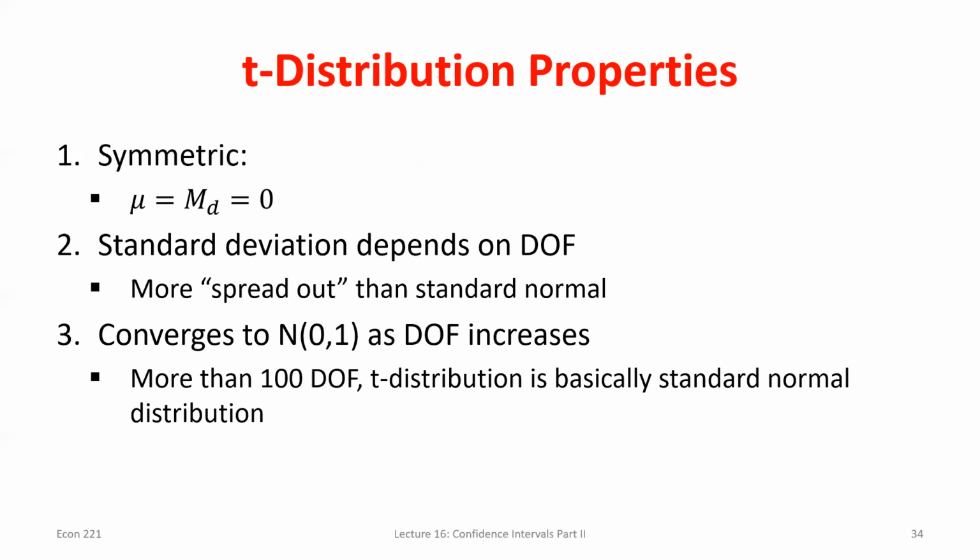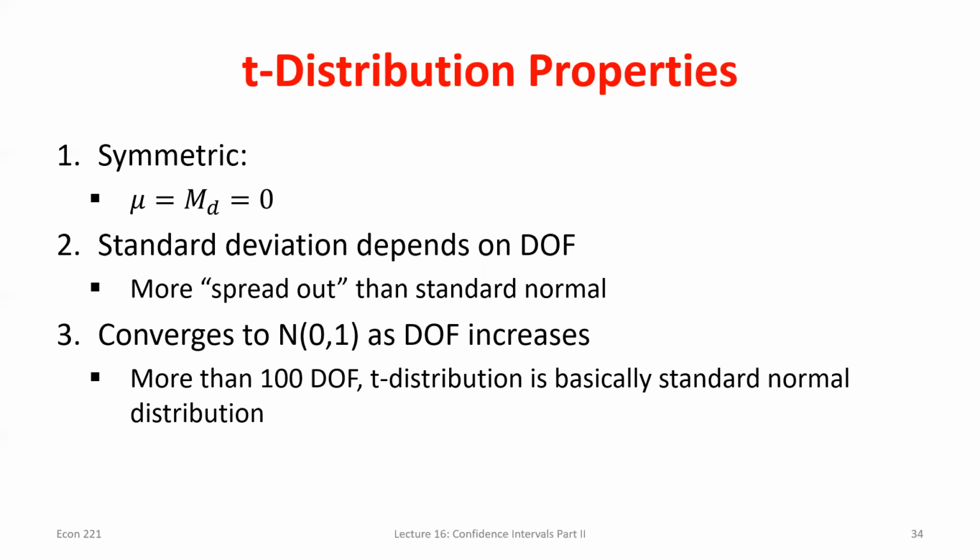Now, as that sample size gets higher and higher, this n minus 1 doesn't matter as much, right? And so our standard deviation won't be as inflated as it was when we had really small sample sizes. So as the sample size gets higher and higher, we actually end up seeing the student t distributions have a lower and lower variance, a variance that's getting closer and closer to 1, which basically is saying the student t distributions get closer and closer to that standard normal distribution as we increase that sample size.